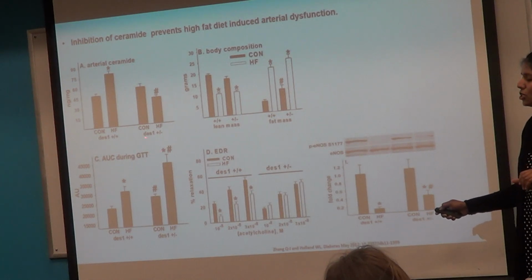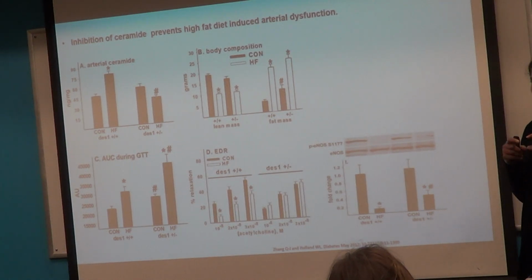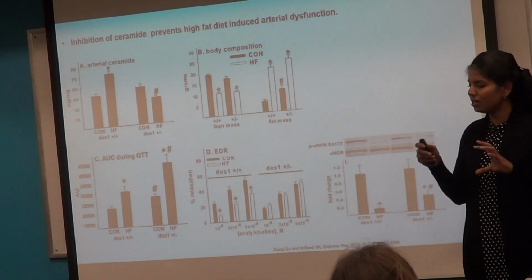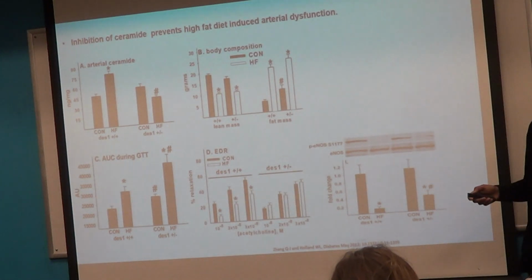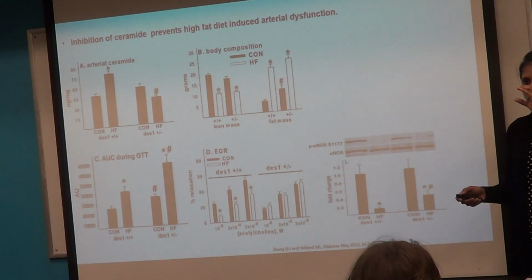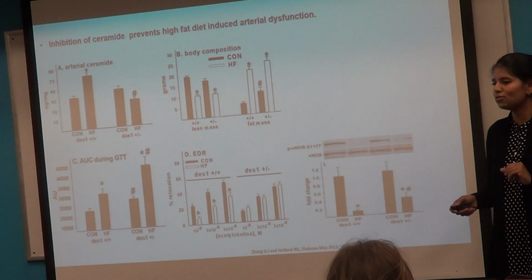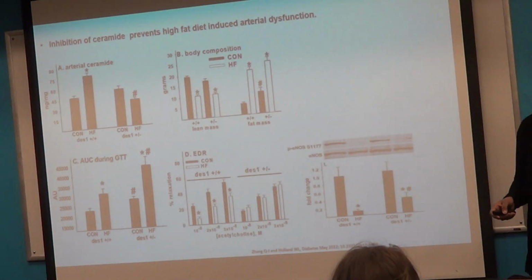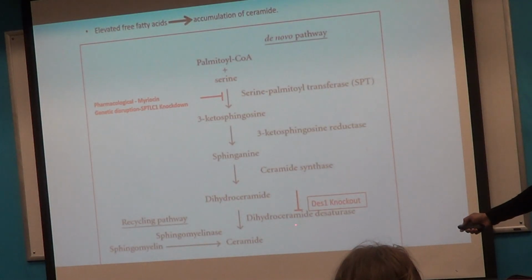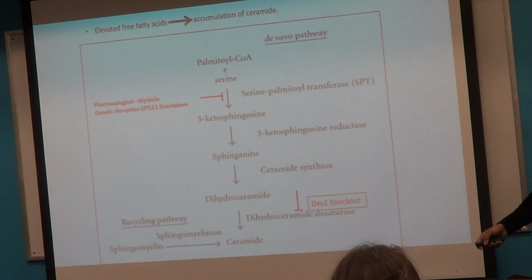DES1 plus minus is called a heterozygous mouse. I'm not going into the genetics of it, but we chop the enzyme, so it has less of the enzyme, only about half. So it cannot actively convert whatever dihydroceramide is synthesized. It will be less active, and you have less ceramide in these mice.